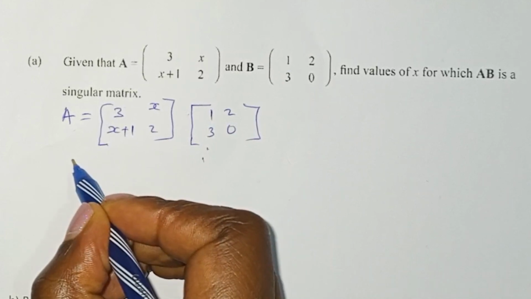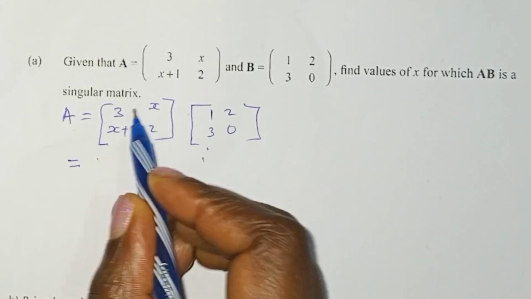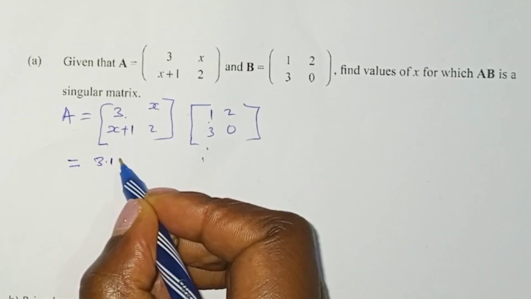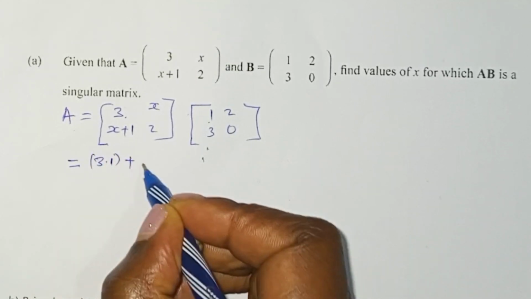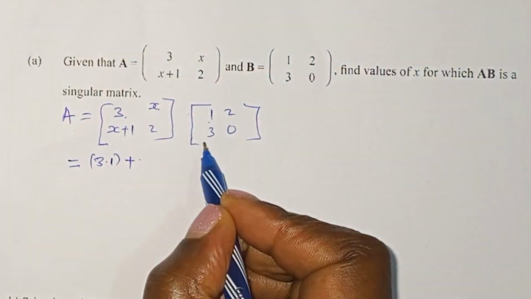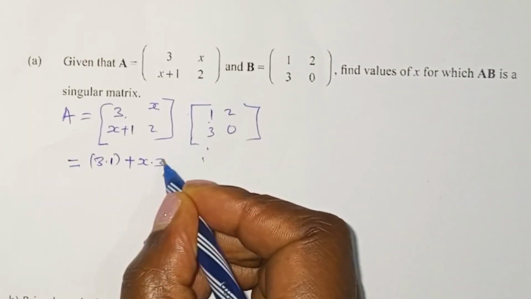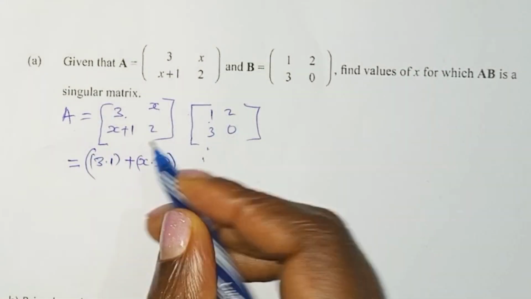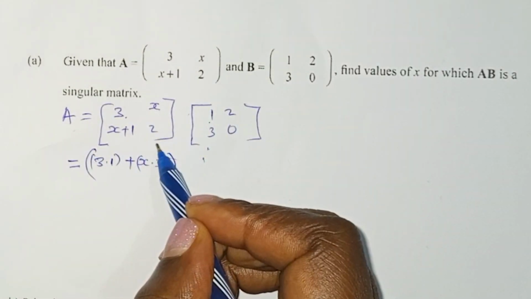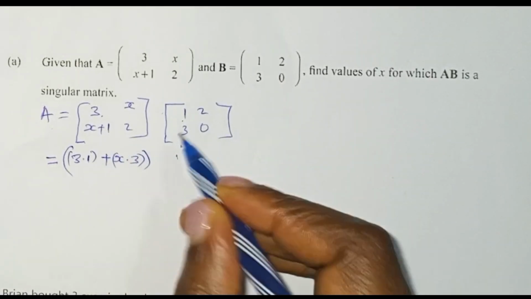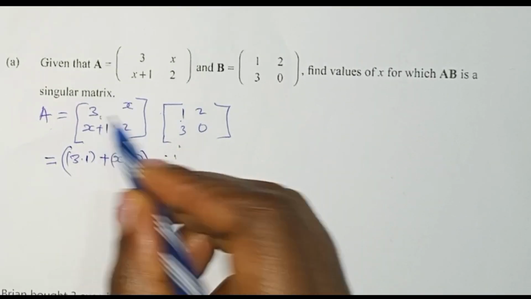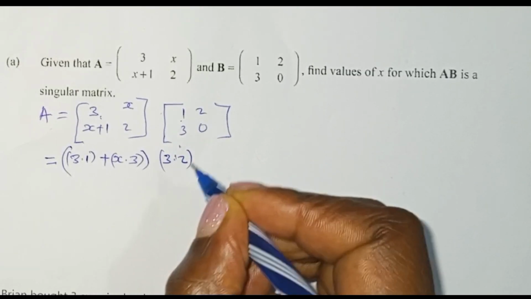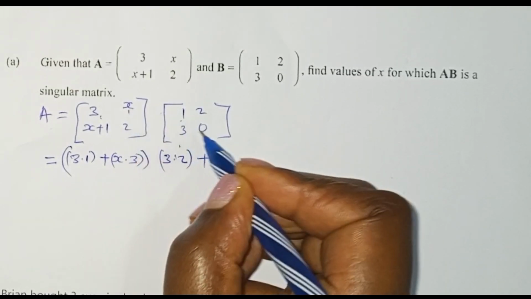So we have 3 times 1 plus x times 3. And then you take 3 times 2 plus x times 0.